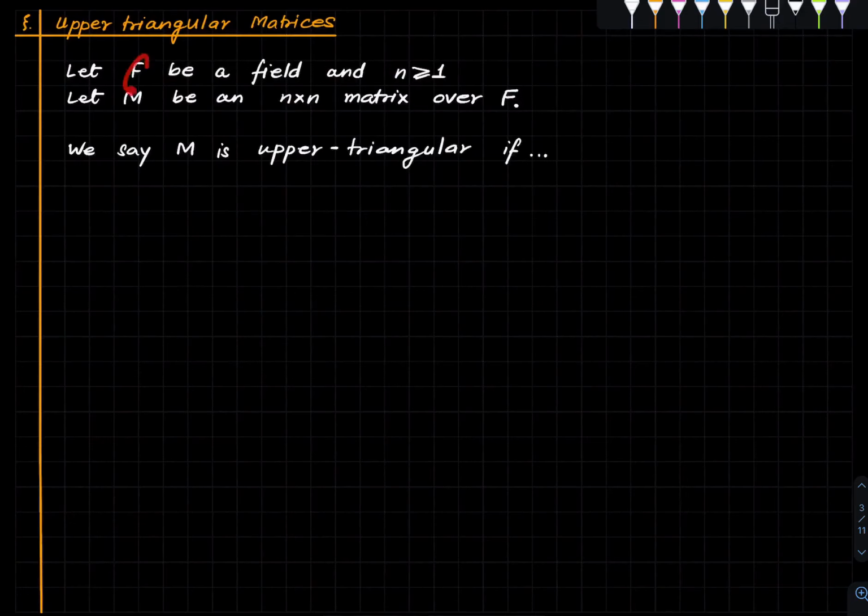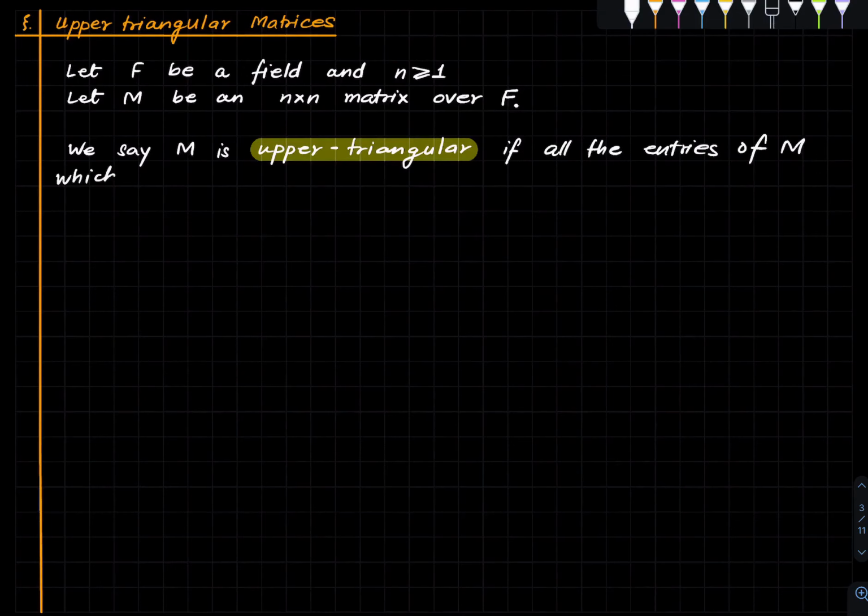So fix a field F and a positive integer n. Let M be an n cross n matrix over F. Then we say that M is upper triangular if all the entries of M which are below the diagonal are 0.